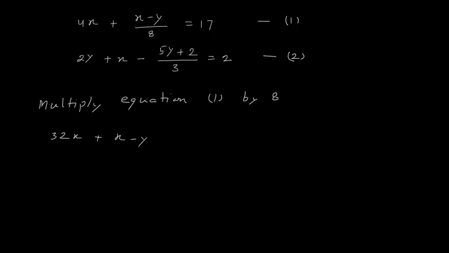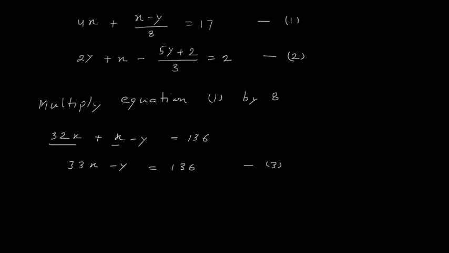I multiply this by 8, so 8 cancels, and 17 8s are, 8 7s are 56, 5 carry, and 8 1s are 8 plus 5 is 13. So this is 136. This 32x plus x is 33x minus y is equals to 136. I will consider this as equation number 3.